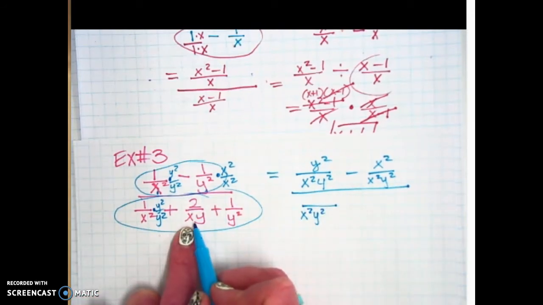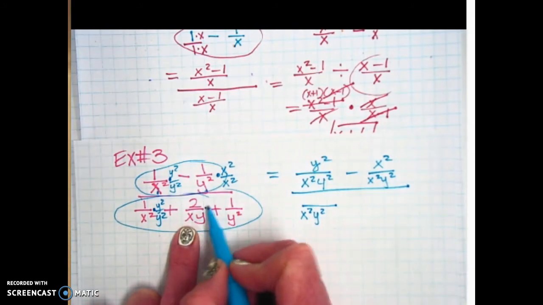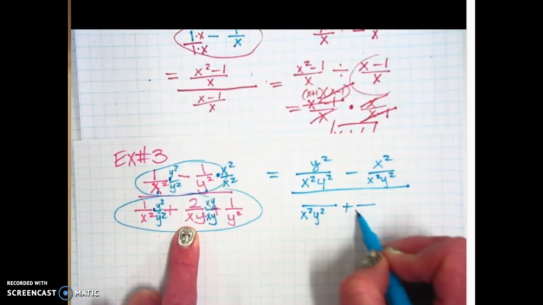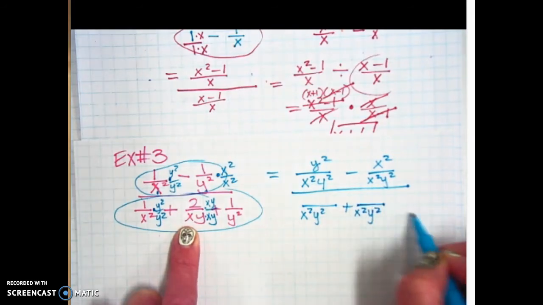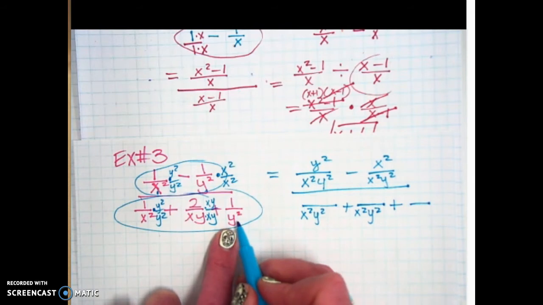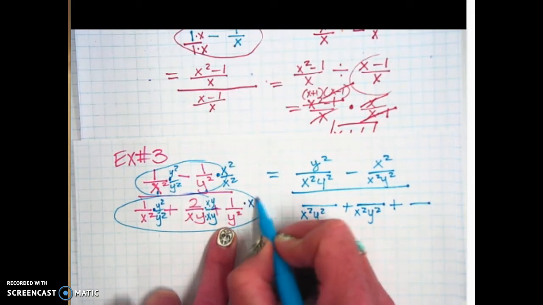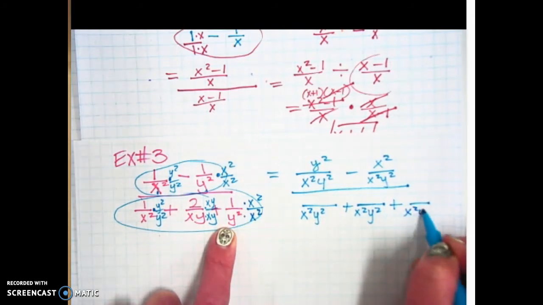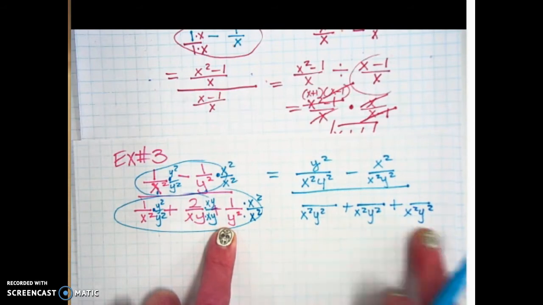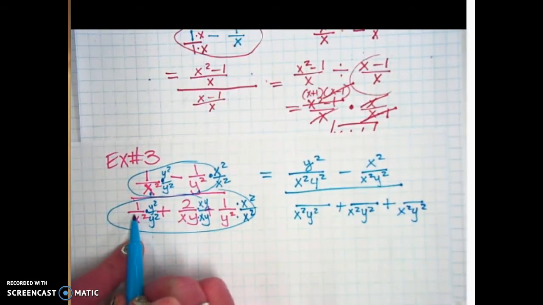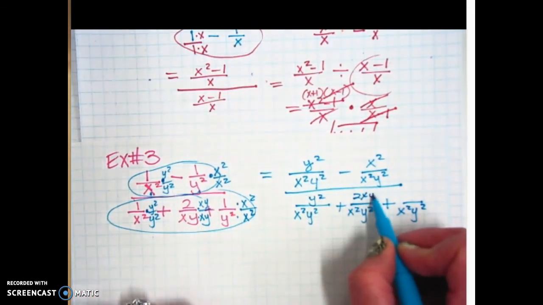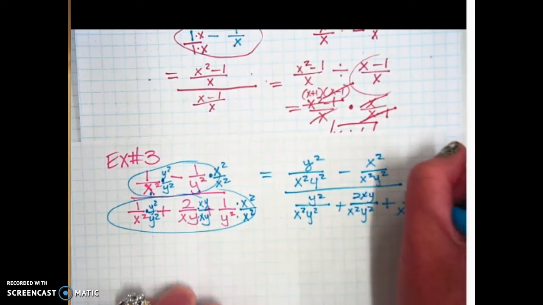And then we'll need to take the second one and multiply it times xy over xy, which gets the denominator to x squared y squared. And the third fraction, we need to multiply by x squared over x squared, which gets it to x squared y squared. So notice all of the denominators are the same now. So the numerators are 1 times y squared, which is y squared, 2 times xy, which is 2xy, and 1 times x squared, which is x squared.